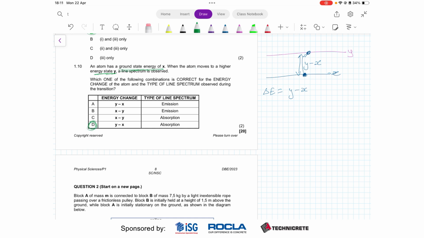And we also know that if a particle moves from an excited state to ground state, the change in energy is characterized by an emission, okay? The emission occurs because in moving from an excited state to the ground state, the atom is essentially losing energy. It's emitting some of the energy that it had in order to fall back down to ground state, okay? So in this case, D is correct.